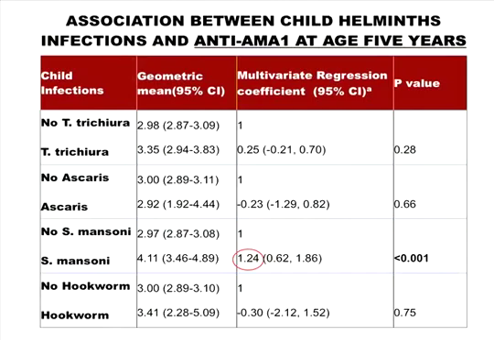I then looked at the association between child helminth infections and antimalarial responses. Overall, there wasn't any consistent association between the children's own helminth infections and antimalarial responses. However, for infections with S. mansoni, the geometric mean was higher for children infected with S. mansoni compared to those without, with a significant regression coefficient.